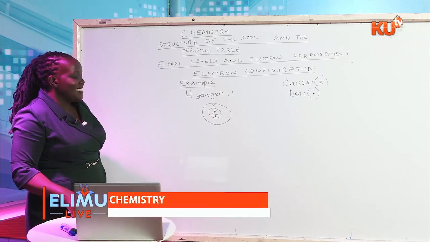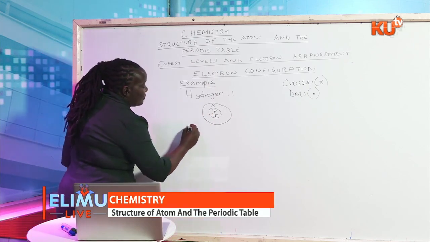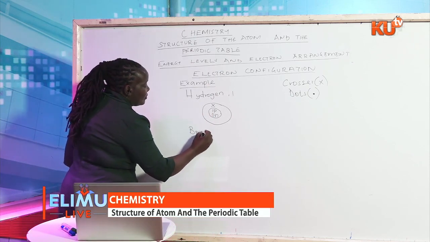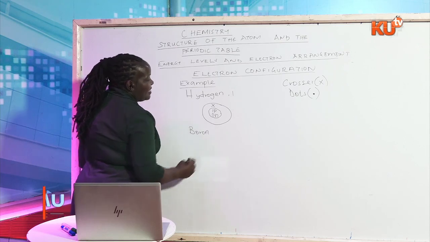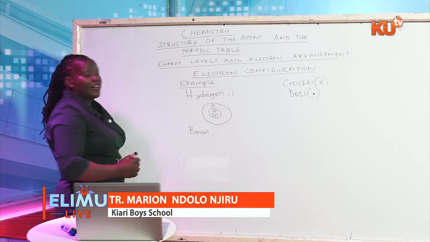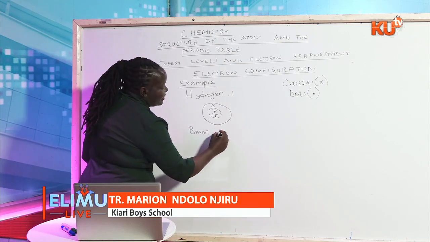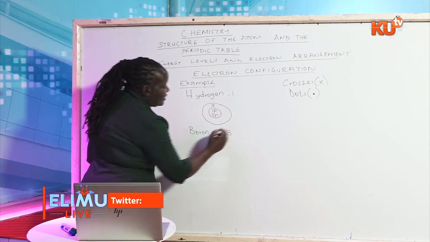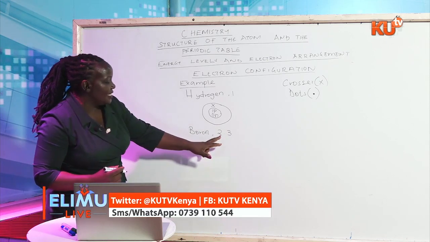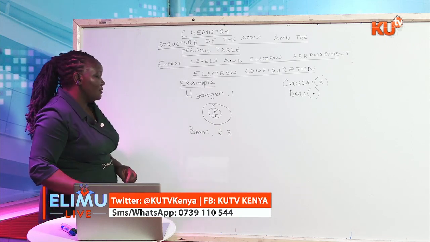I want us to look at the other element, which was boron. And we agreed that its electron arrangement, because it is atomic number 5, it has 5 electrons distributed as follows: 2, 3. What that means is that it has 2 energy levels.